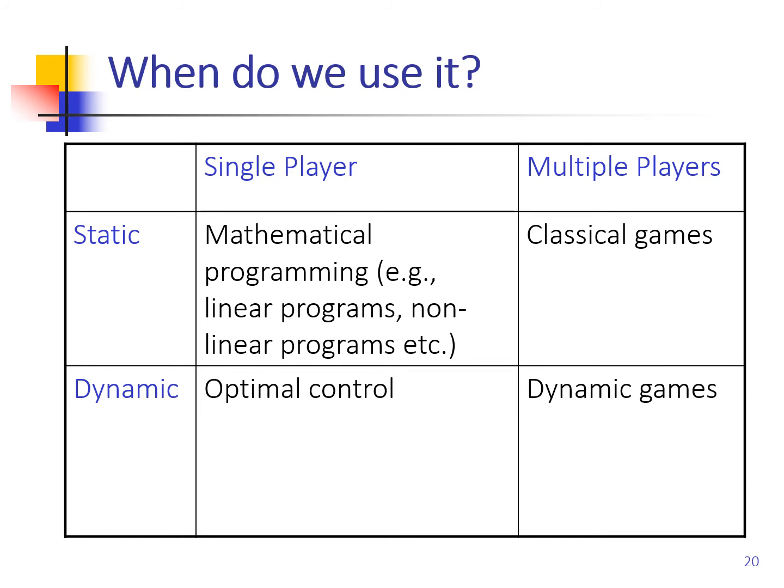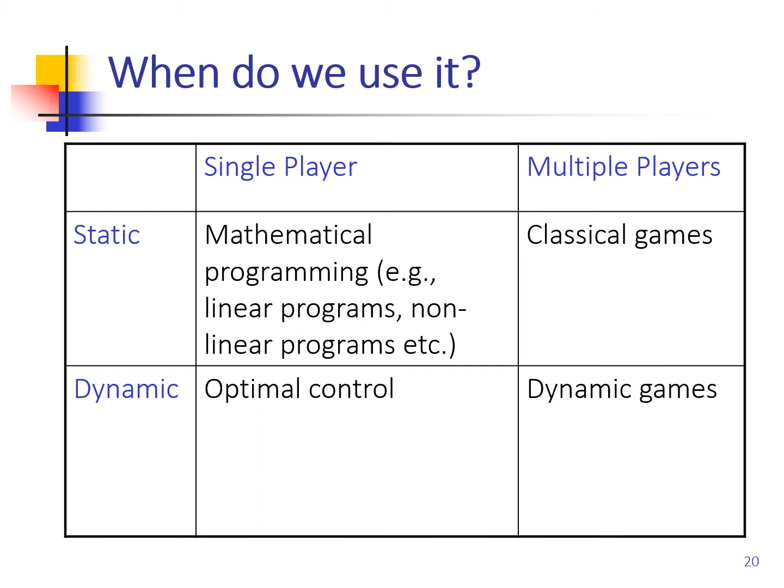So when do we use actually game theory, right? Because some people still do not understand why we need to even talk about games here. If you look at the single player, okay, this is maybe the optimization centric view here, right? You have either a static optimization problem to solve or a more dynamic optimization control. So this could be kind of optimal control or Markov decision process, right?